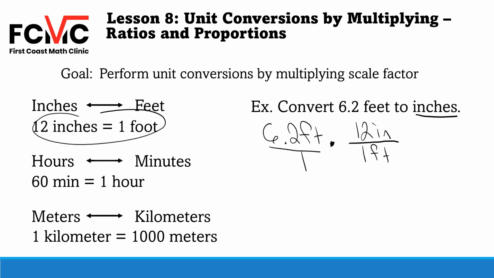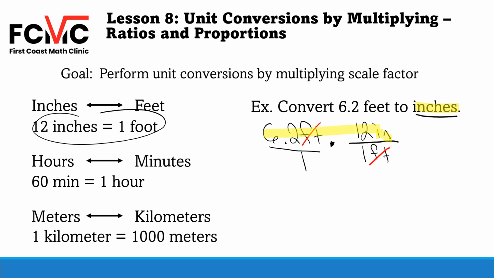This 6.2 feet we can put over 1 and make that a fraction. Feet is in the numerator and denominator, so the label feet and feet cancel out, and we're left with just the label inches, which is what we want.